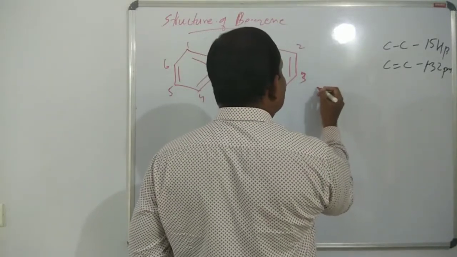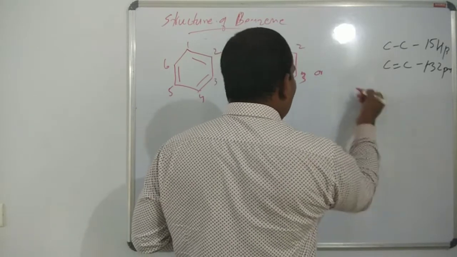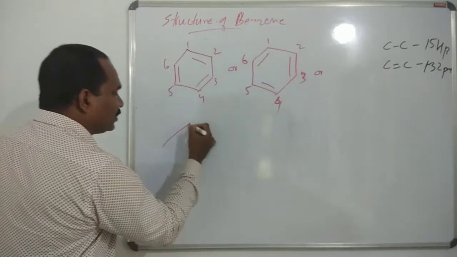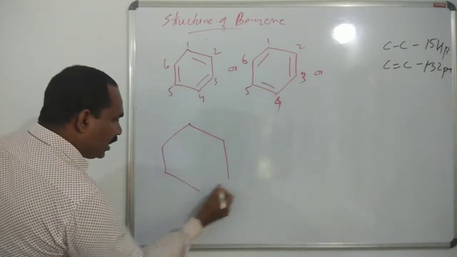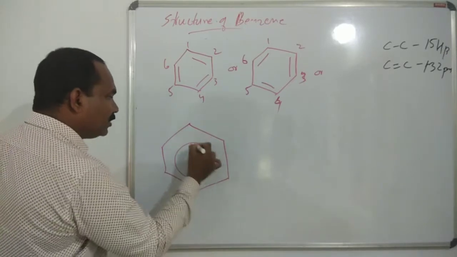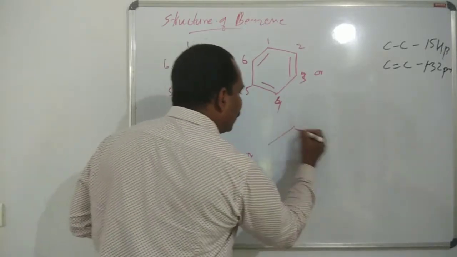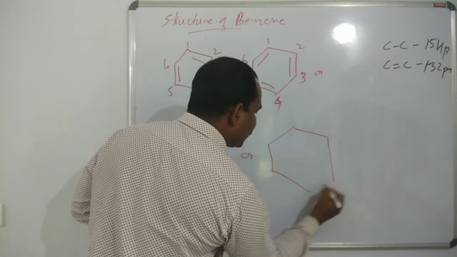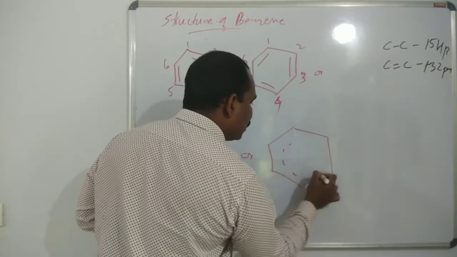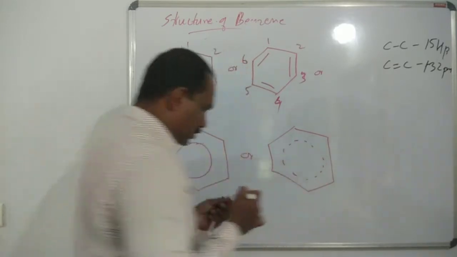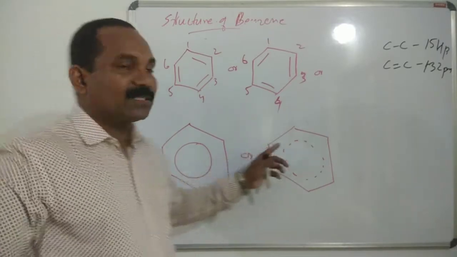And the resonance hybrid is, we put a circle. Either we draw a circle or a dotted circle. That's very important. This is the resonance hybrid.